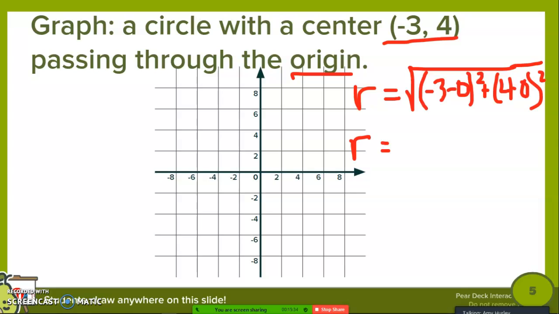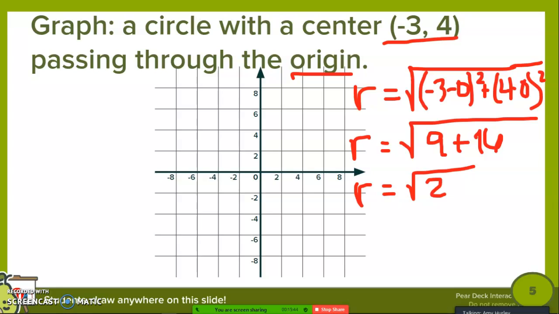So the radius is going to be the square root of -3 squared is 9, 4 squared is 16, 9 plus 16 is 25. So my radius is 5.